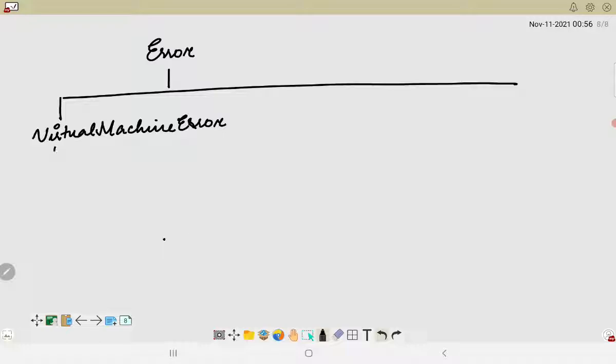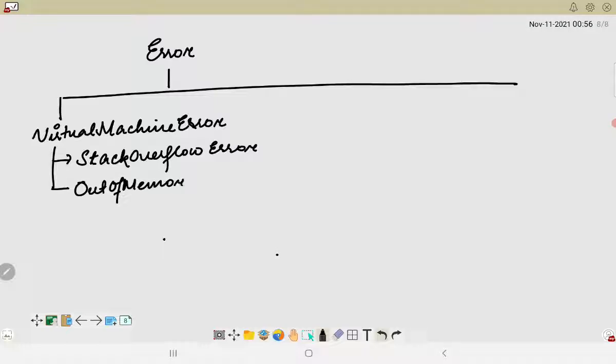And here we have stack overflow error, then we have out of memory error. So these errors basically occur at the system level and occur due to lack of resources.